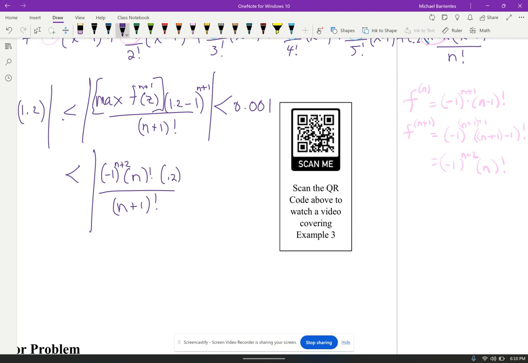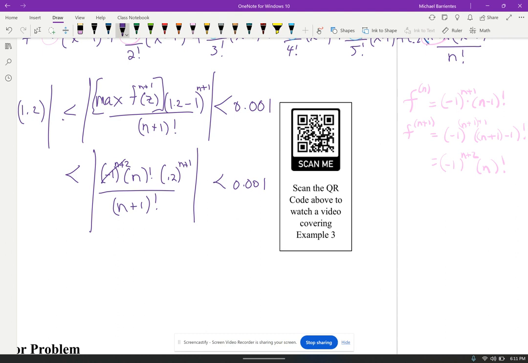This is 0.2 to the n plus 1. I really don't need to worry about the sign, because when I take the absolute value, whether this is negative or positive really doesn't matter, it's going to go away. So I can kind of ignore that, because eventually it's gone.